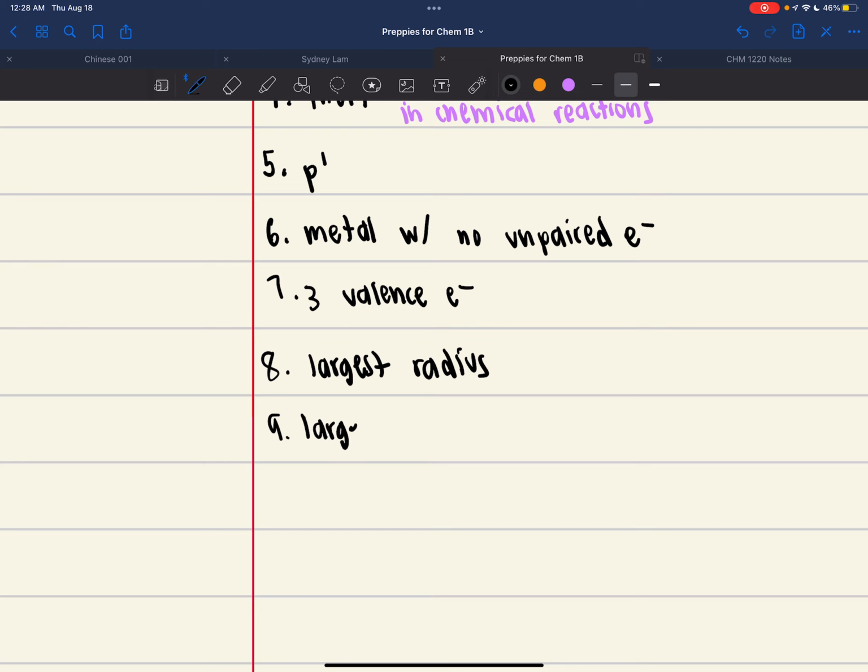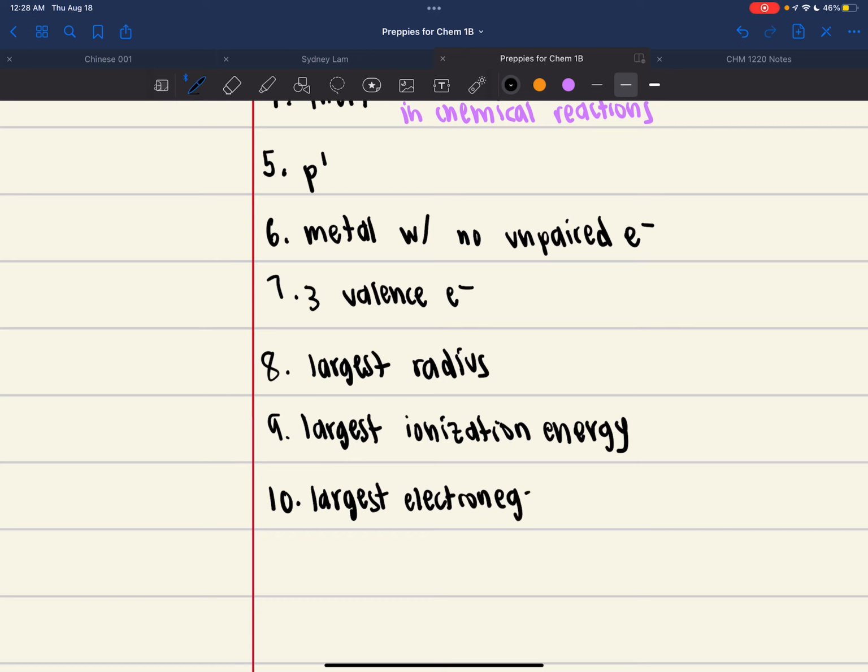Largest ionization energy? And largest electronegativity?